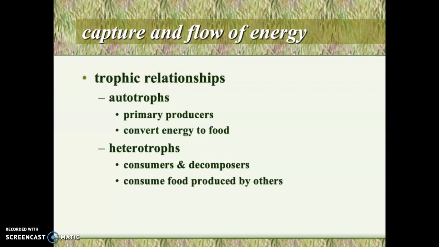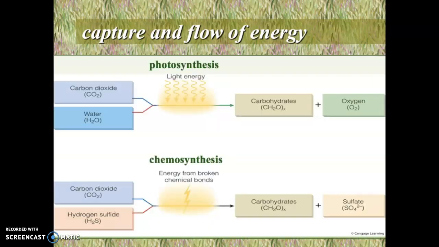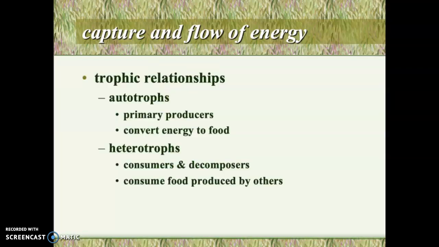In this system where energy is captured and moved around, we have two general categories of organisms. The primary producers, which are converting energy to food through these reactions, are called autotrophs because they can basically feed themselves.